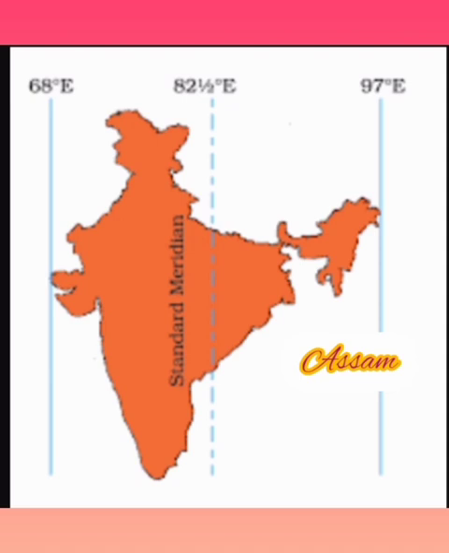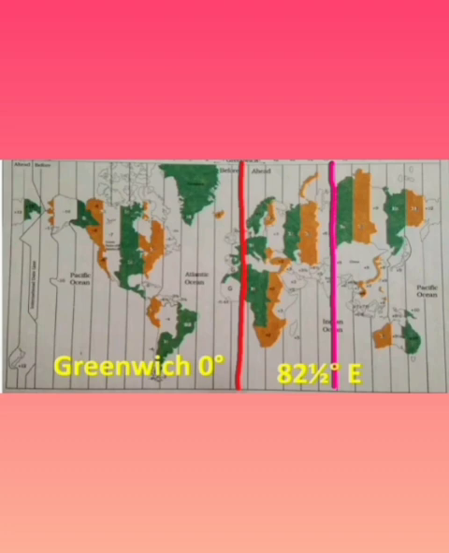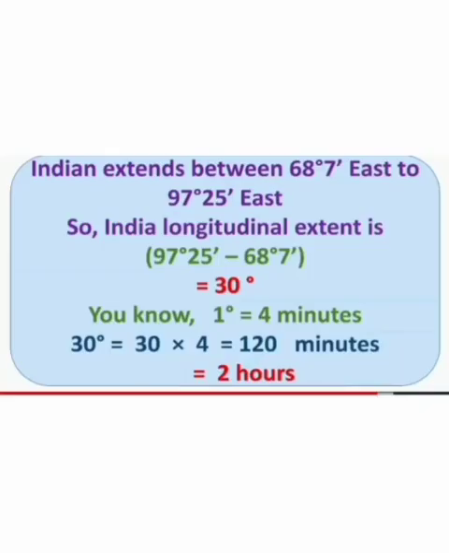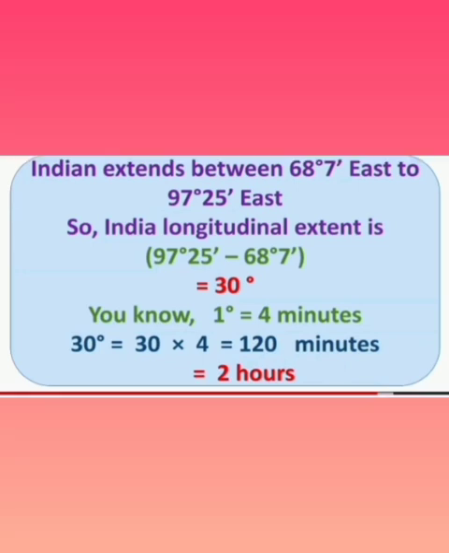So, you know, this is the 0-degree prime meridian. You can see another line, that is Indian Standard Time, which is 82 1/2 degrees east. India extends between 68 degrees 7 minutes east to 97 degrees 25 minutes east.